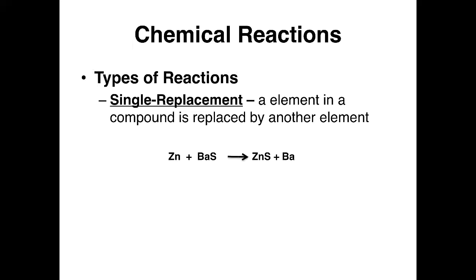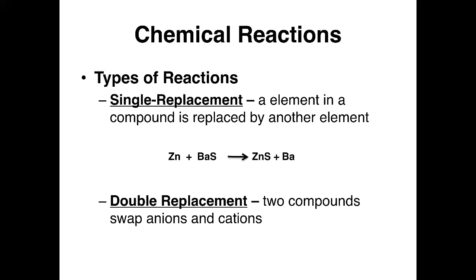So this is a single replacement reaction. A double replacement reaction is where the 2 compounds swap anions and cations. So here we have potassium chloride and lithium nitrate swapping places so that you now have potassium nitrate and lithium chloride.